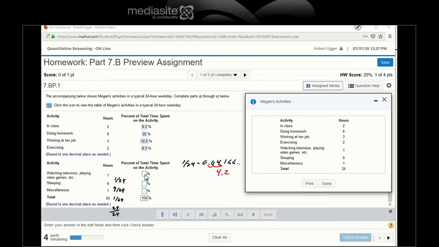Looks like 4.2. And same down here. And then 9 over 24, that's .375, or 37.5.